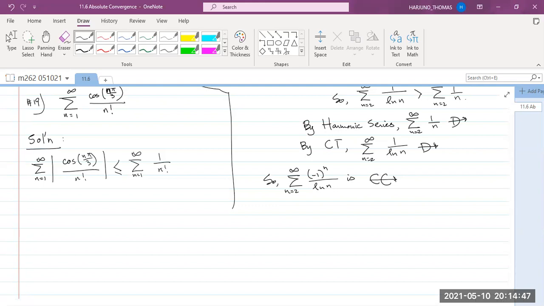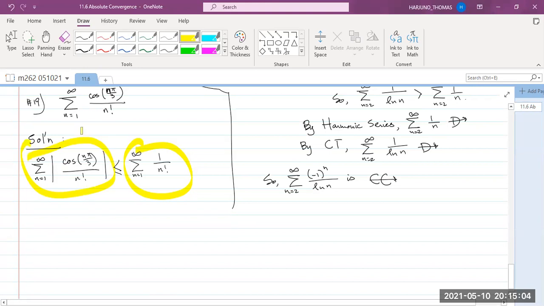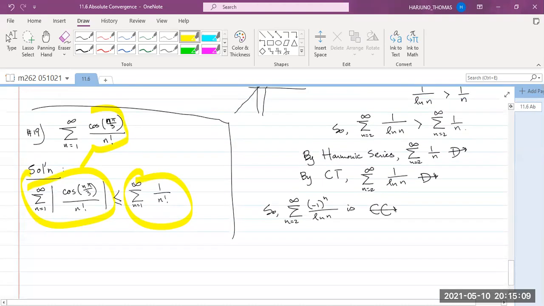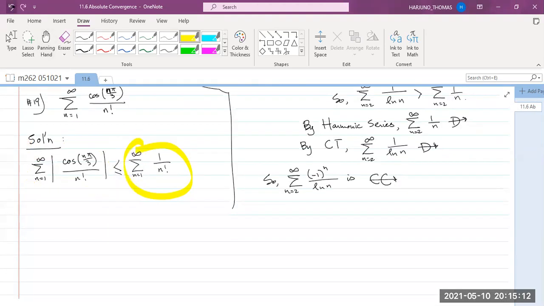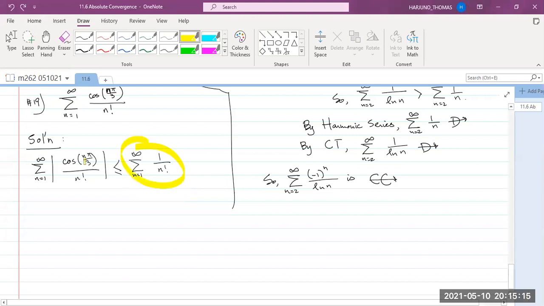Now, if I can show that this series is convergent, then by comparison test this will be convergent, and therefore the original series is absolutely convergent. Let's say the logic again.